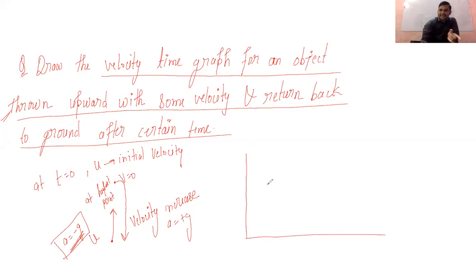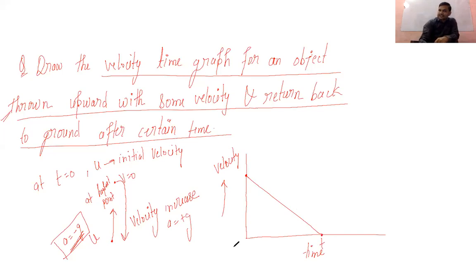So the graph will be like this. This is your velocity, and this is your time, and you will have a certain velocity over here. This will be a straight line actually. At time t, it will reach the ground.